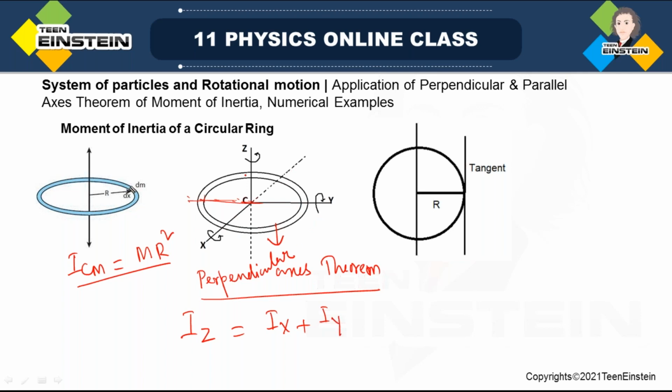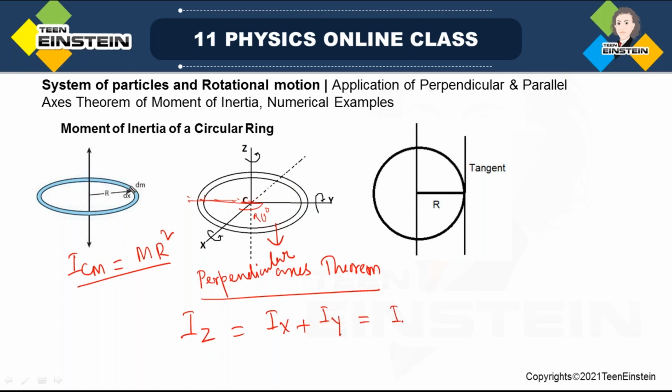Here x and y are diameters of this ring. They are perpendicular to each other, and I cannot take any arbitrary diameter; you have to take perpendicular diameters. This angle is 90 degrees, and they lie in the ring. Since this ring is symmetric, for any diameter you take, the moment of inertia will be the same.